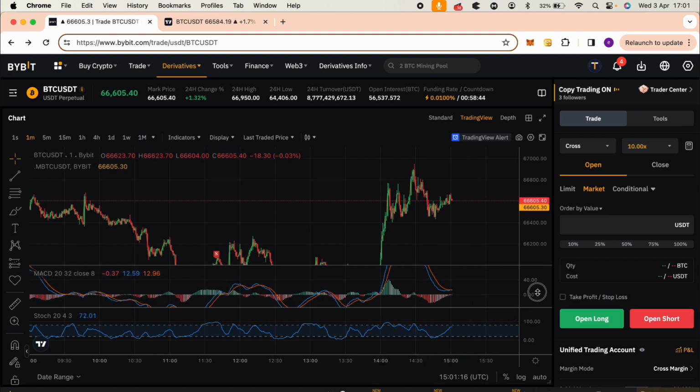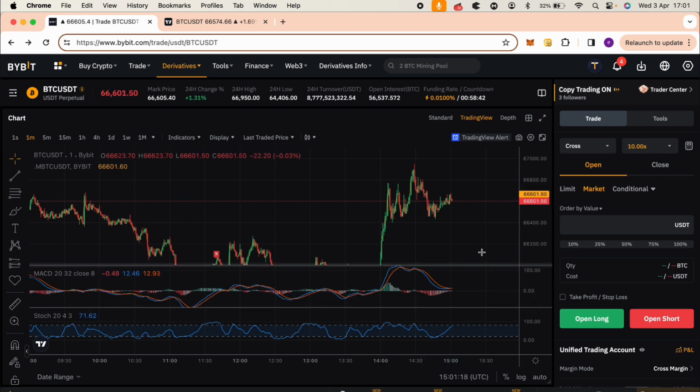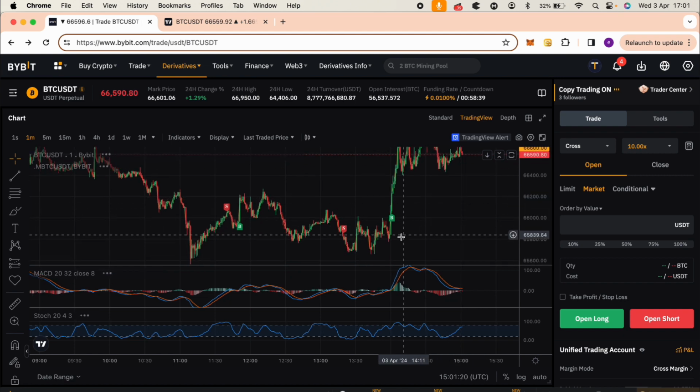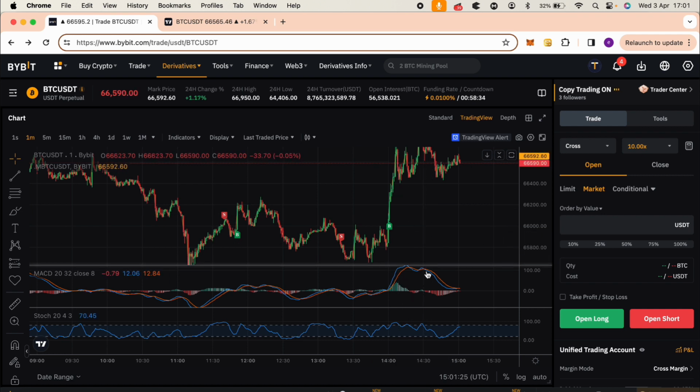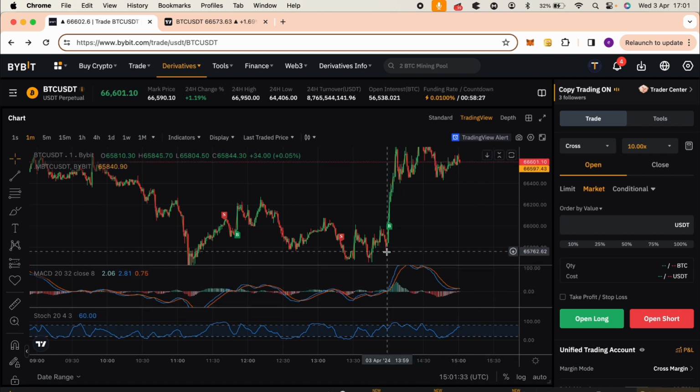But let me show you another example of a trade that we opened already. Because we also took this buy, that was amazing, and it's still open, it's still in profit. So as you can see here, at this exact point, the stochastic is moving outside this area, so it's already one signal that we can go for a long position.